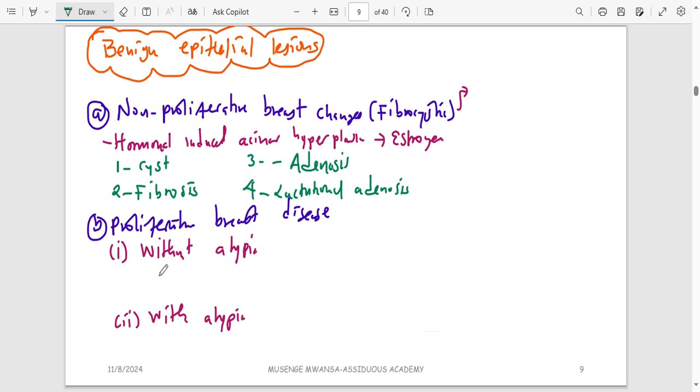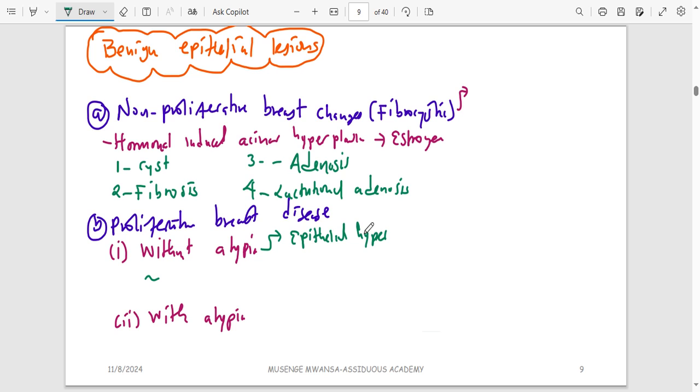So what are the examples of proliferative breast diseases without atypia? An example we can mention is the hyperplasia of the epithelium. So epithelial hyperplasia. Simply because epithelium is dividing doesn't mean it is a cancer.